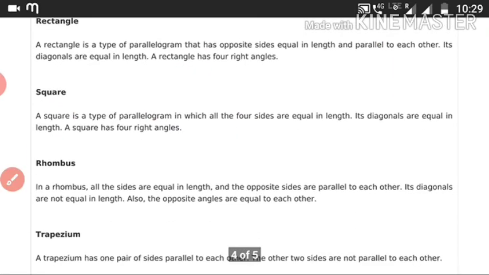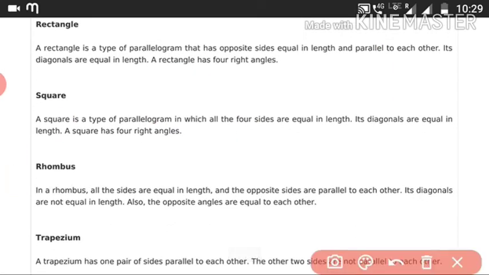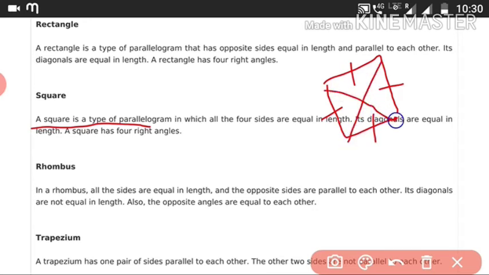Now next, square. Square is a type of parallelogram. So square is also four-sided, in which all the four sides are equal. Here all the four sides will be what? Of equal length. Okay, and its diagonals are equal in length, just like rectangle.